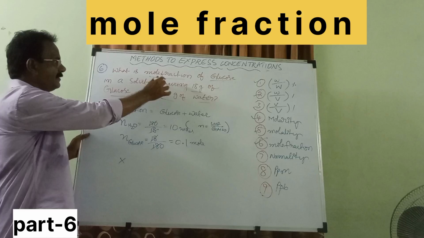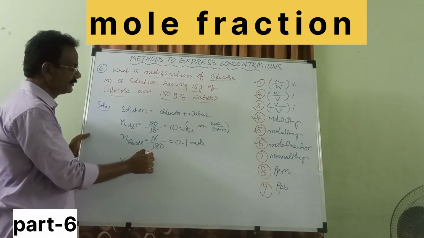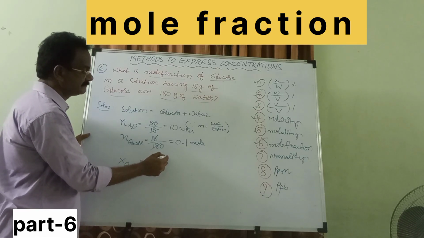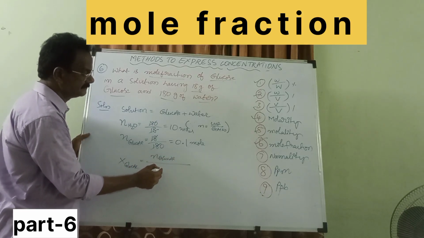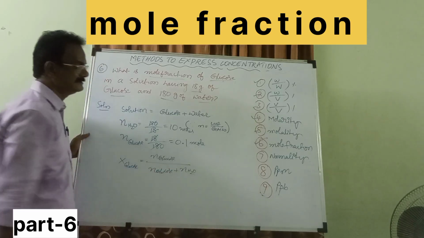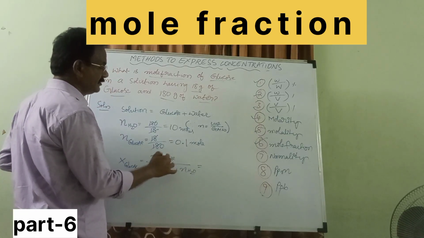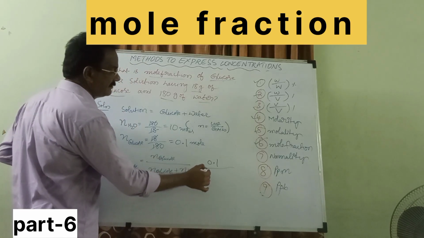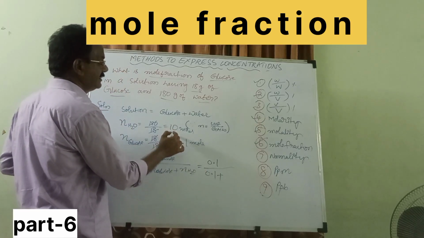Here what they asked in the problem is the mole fraction of glucose. So, X glucose is equal to N glucose by N glucose plus N H2O. Is it clear? Now let us see, what is the number of moles of glucose? 0.1 by, again the number of moles of glucose is 0.1, plus what is the number of moles of water? 10 moles.